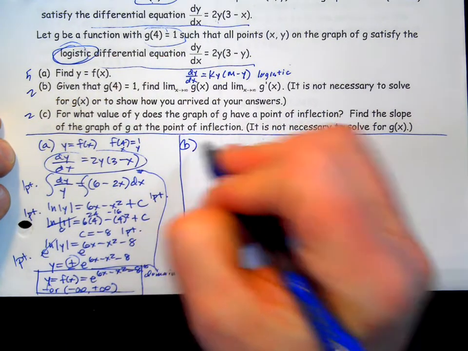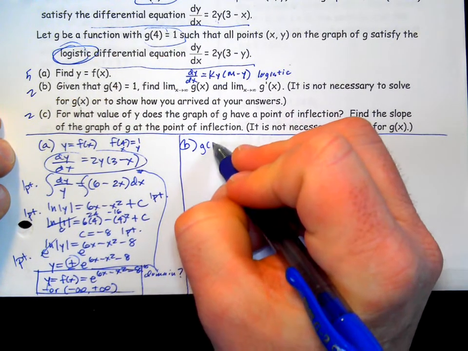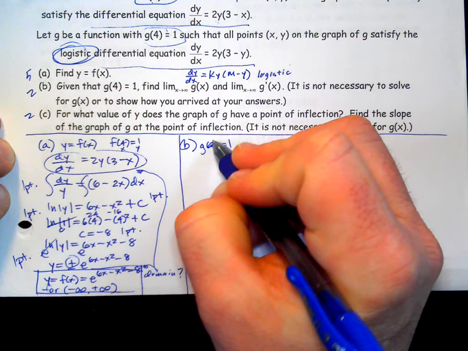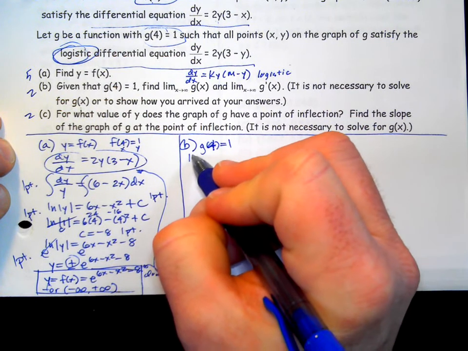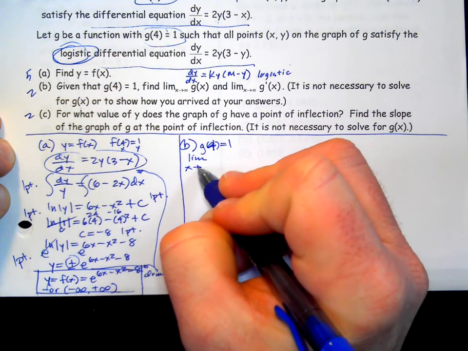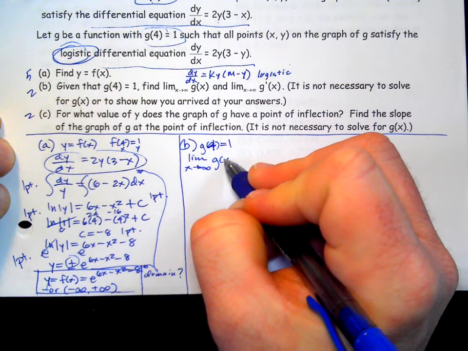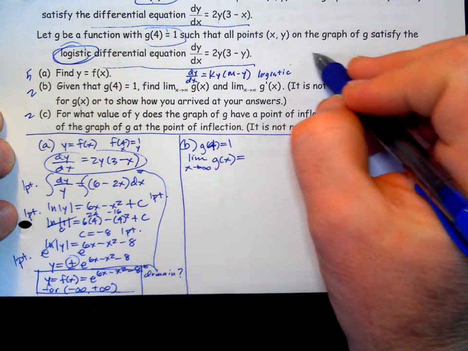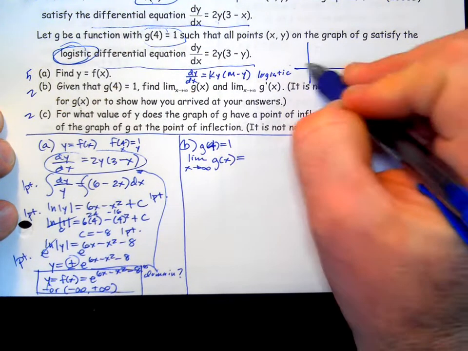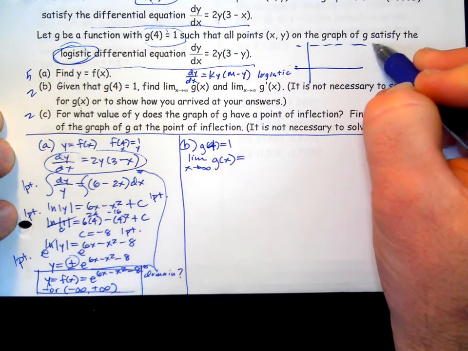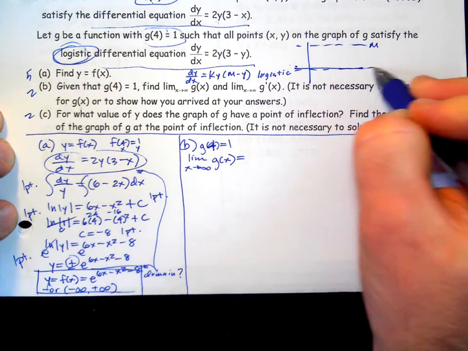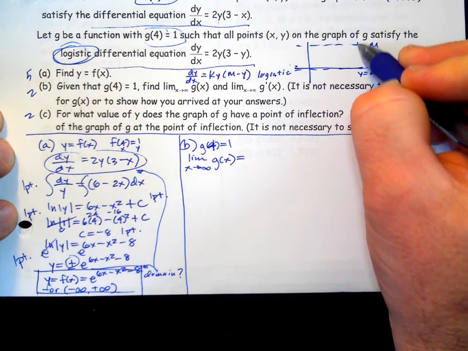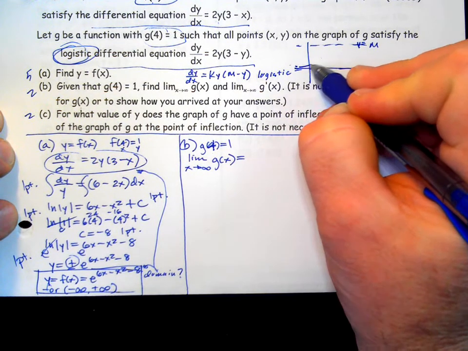Part B says, given that G of 4 equals 1, which they already told us, find the limit as x approaches infinity of g of x. Now, this g of x is the logistic curve. Just to show you a sketch, it has a carrying capacity, a horizontal asymptote, and then y equals 0. And it goes like that.